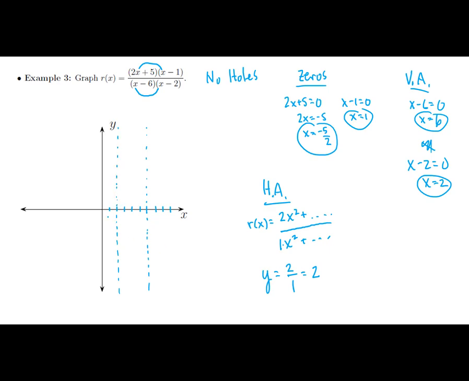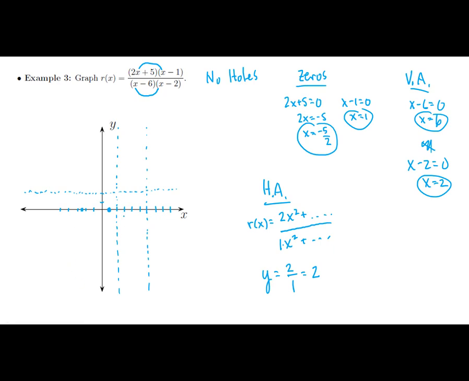And our horizontal asymptote at y equals 2. Okay. And then we've got our zeros at x is equal to 1, so here's one right here. And x is equal to negative 5 halves, so that's negative 2.5. So negative 1, 2, 3. So negative 2.5 puts me right about there.